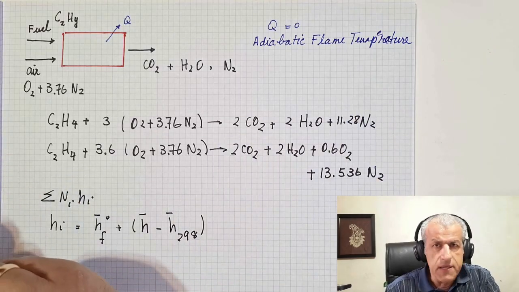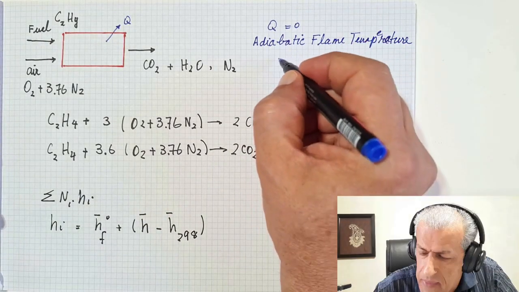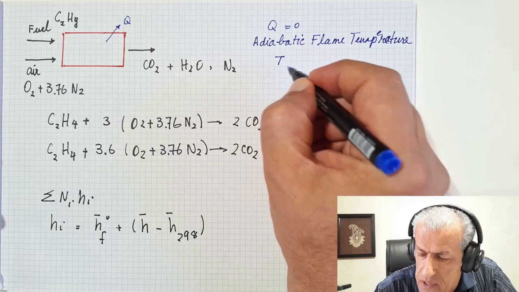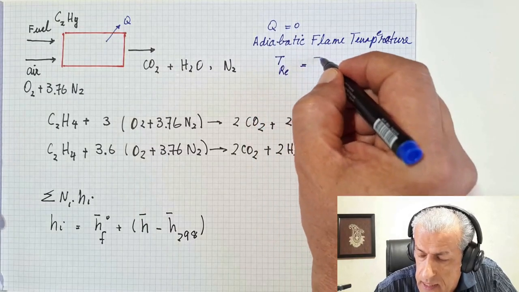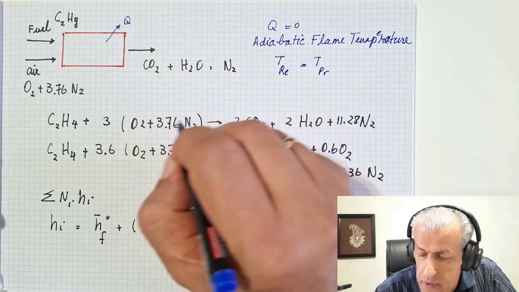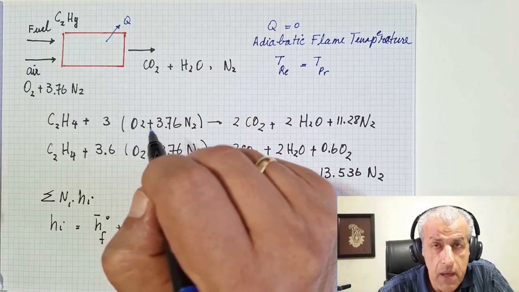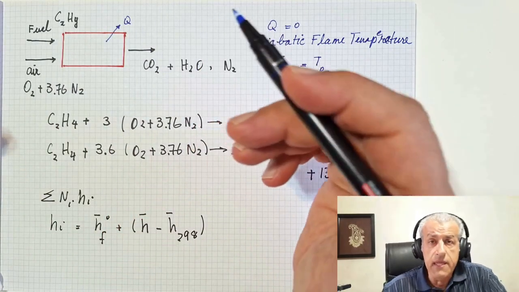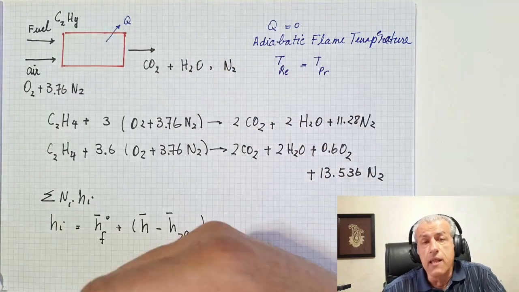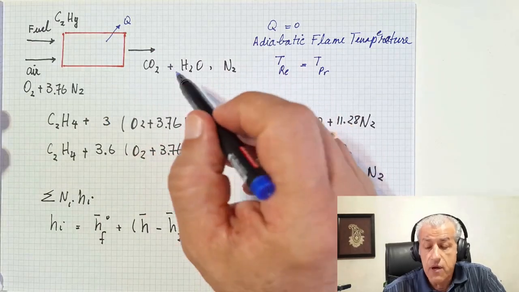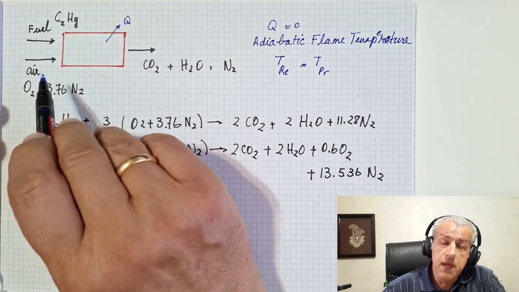The other limiting point for the combustion is that the temperature of reactants is equal to the temperature of the products. It means the temperature of two sides are the same, which means all the energy produced through this combustion is in fact collected from the combustion, and therefore the products are returned to the original temperature of the reactants.